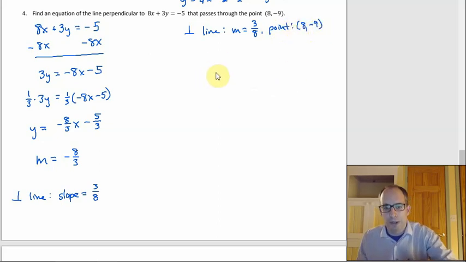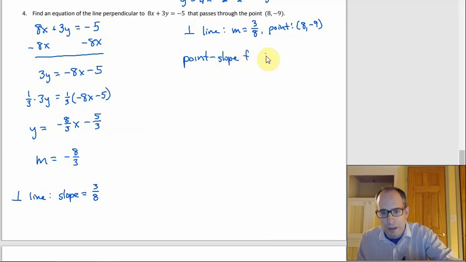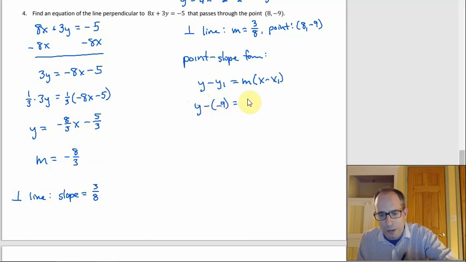All right, so then we can use the point-slope form again. And so y minus y1 equals m times x minus x1. And if we sub in, we're going to have y minus -9 equals 3/8 times x minus 8. And so it's going to be a y plus 9 on the left.